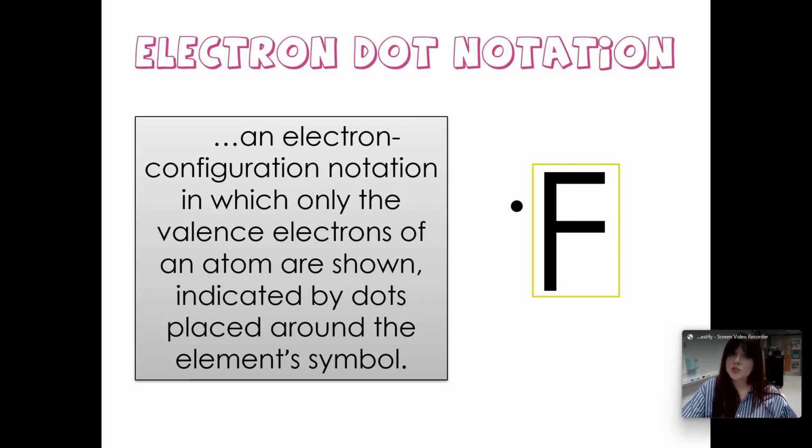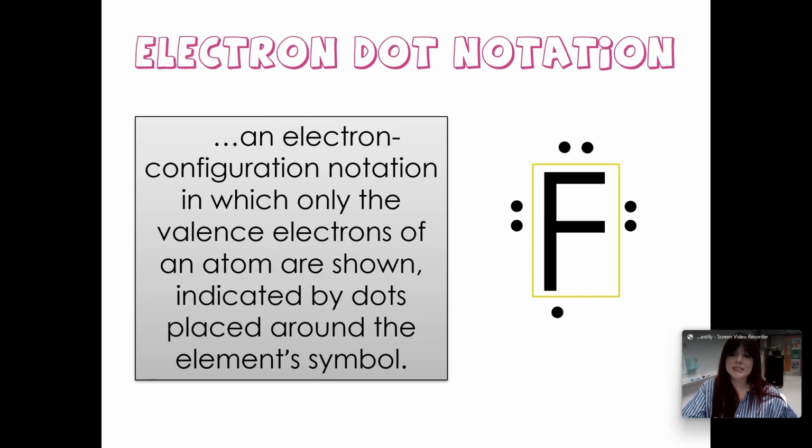However, just like Hund's rule where we unpair electrons before we pair them, we want to unpair our dots around the square once before we go and pair them up. So if I look at fluorine here, I have 1 dot, 2 dots, 3 dots, 4 dots. I went all the way around each side of the box once, and then I'm going to double them up. So I'll do 5, 6, and 7.